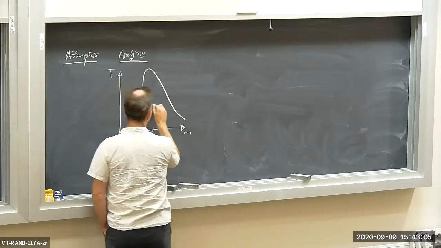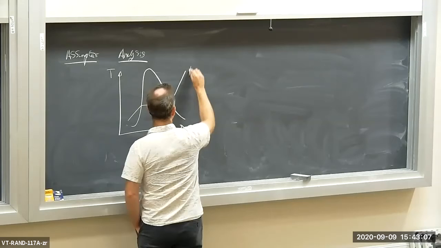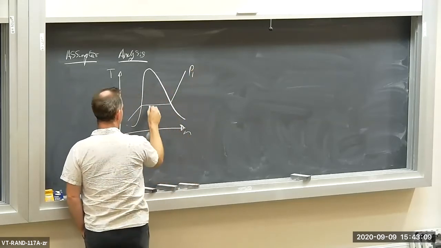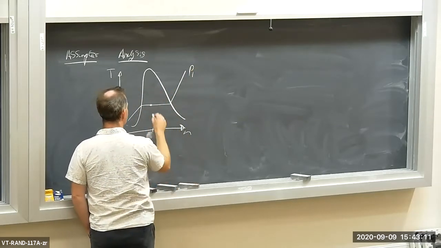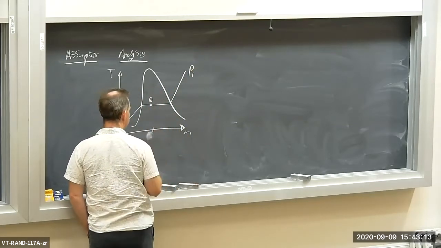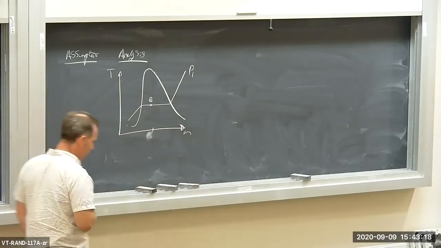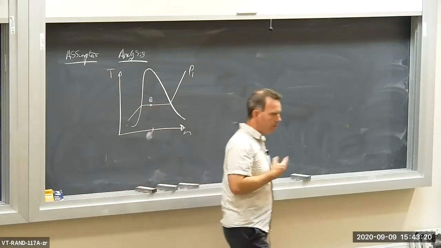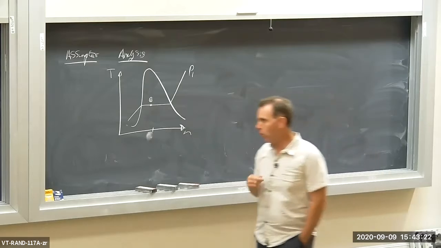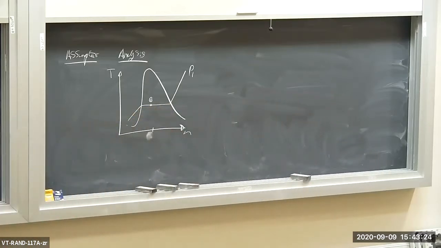Here is our isobar. We start off with a certain pressure P1, and this is our state 1 right here. 25% mixture. Now, what's the process look like? We're going from state 1 to state 2. Let's go back to the problem statement.